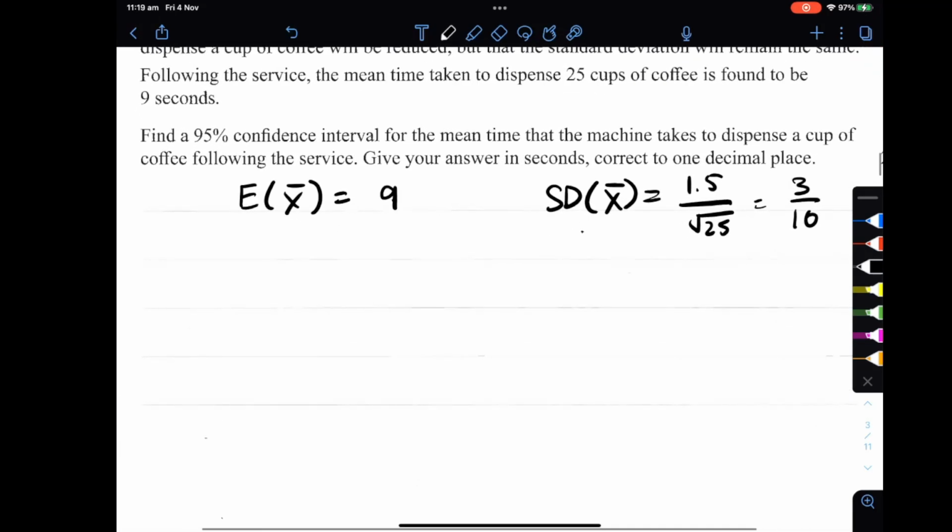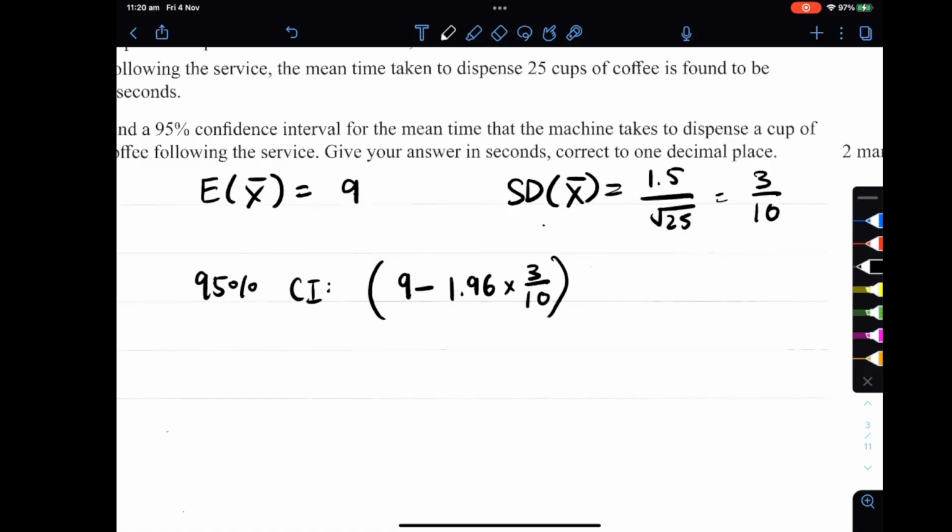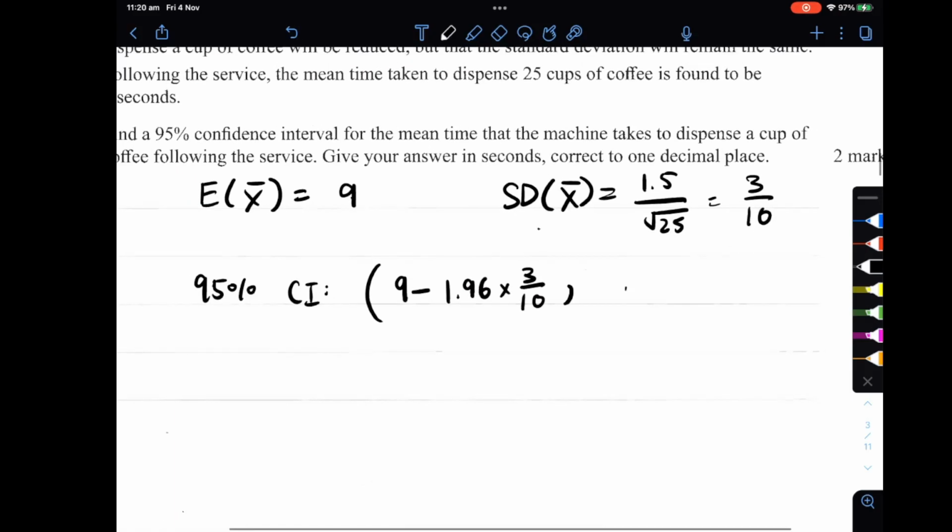Alright, so that means a 95% CI is given by 9 minus 1.96 times 3 over 10, and then 9 plus 1.96 times 3 over 10.